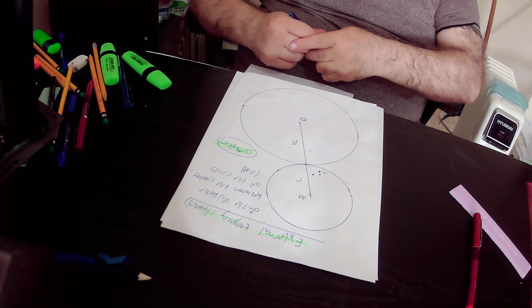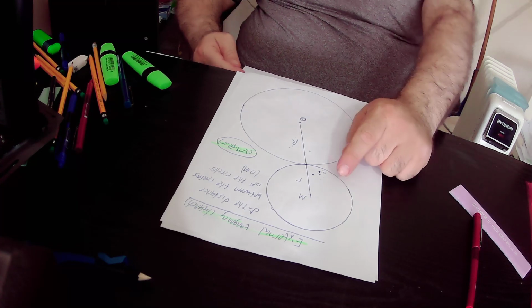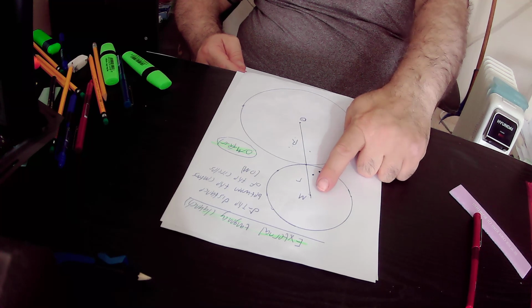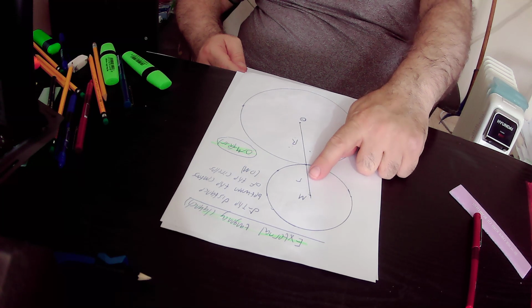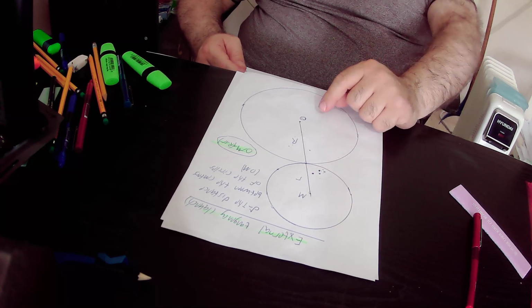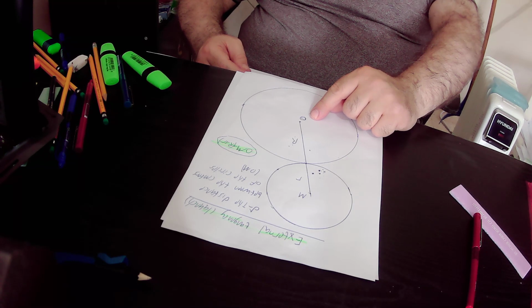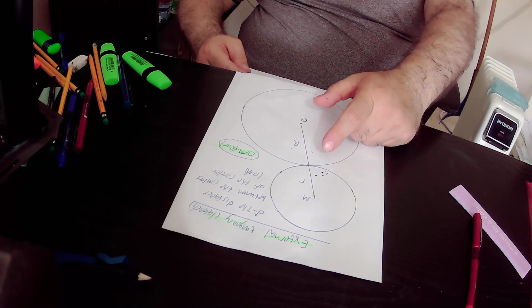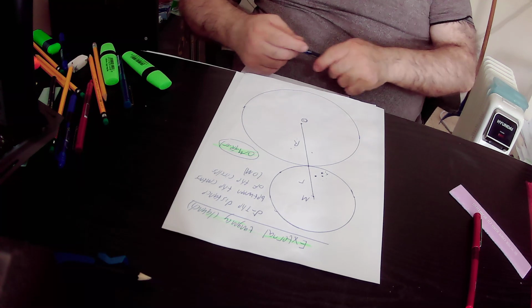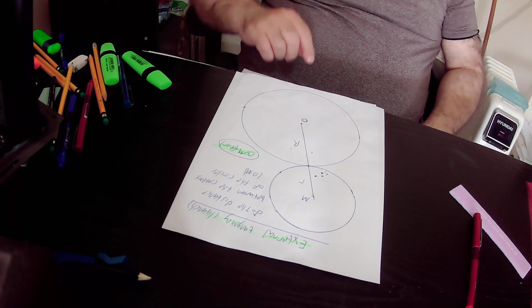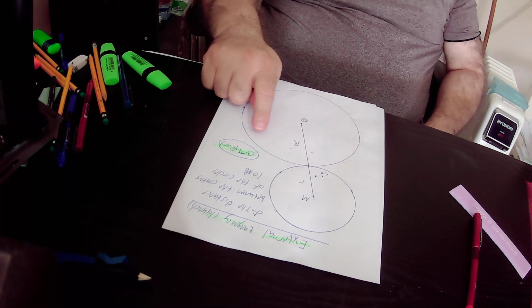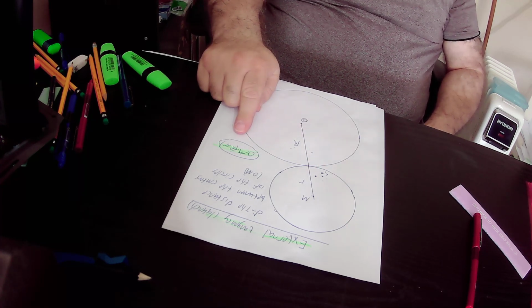And we know that the center of the small circle, this circle, is at point M, and its radius is equal to small r, while the center of the big circle, this circle, is at point O, and its radius is equal to capital R. In this case, the distance OM between the centers of the two circles will be equal to the sum of the lengths of their radii.